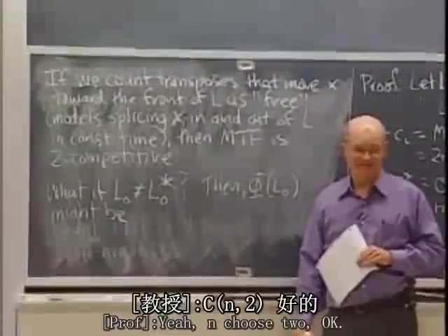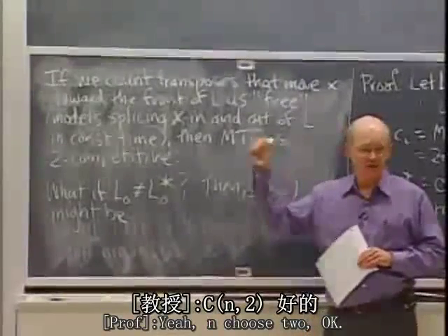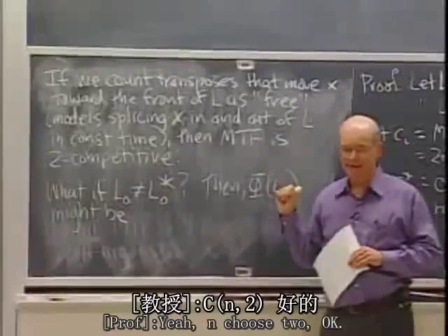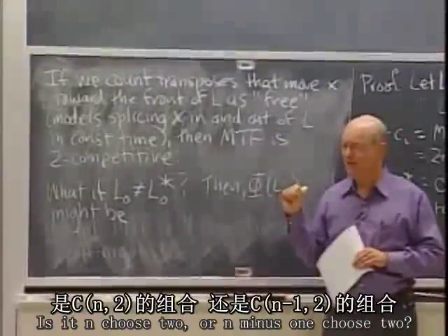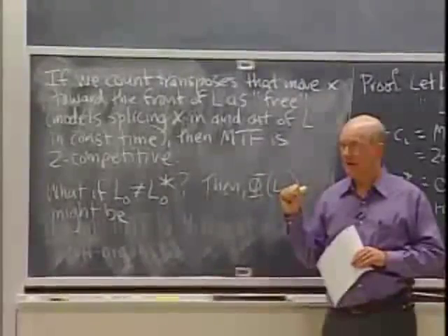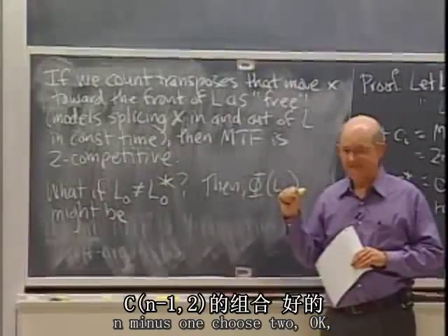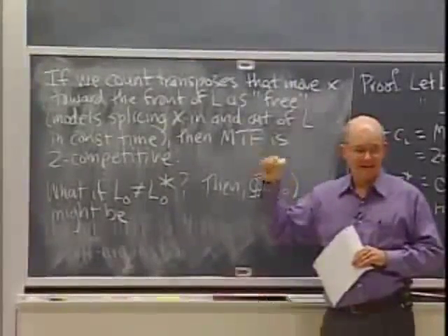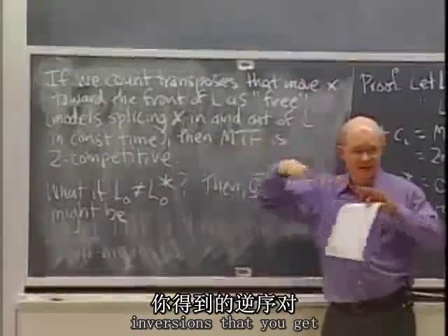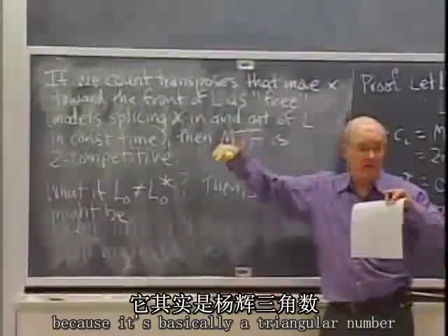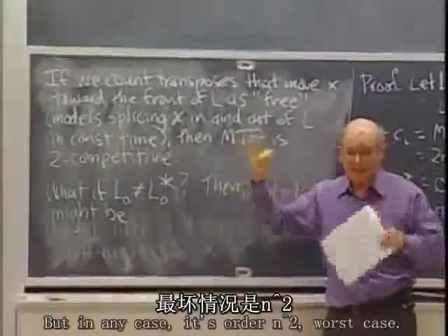Yeah, n choose 2. Is it n choose 2 or n minus 1 choose 2? n minus 1 choose 2. The inversions that you get, because basically it's a triangular number when you add them up. But in any case, it's order n squared.